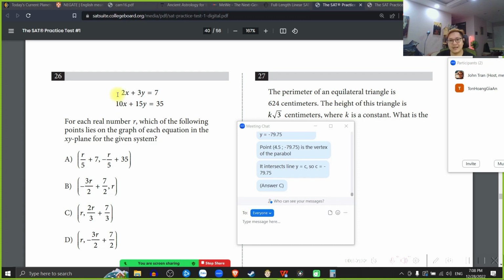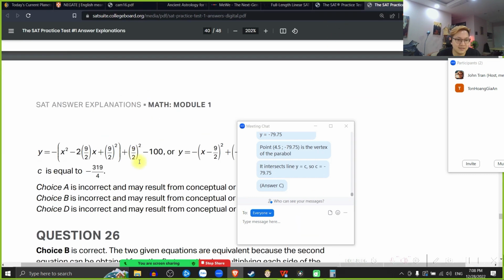Because if you multiply the upper equation by 5, you will have exactly the same as the lower equation. So you just need to take the upper equation and substitute each of those answers in.